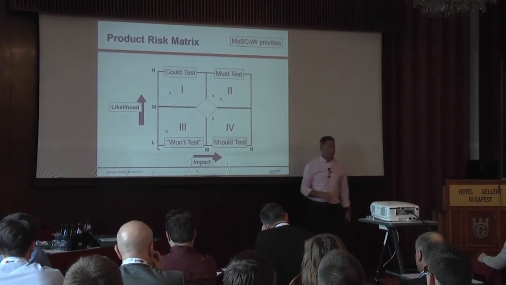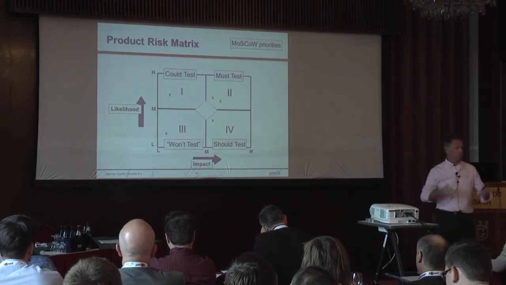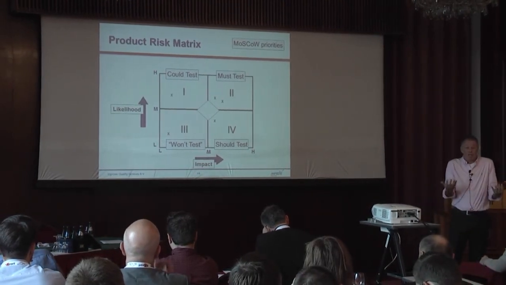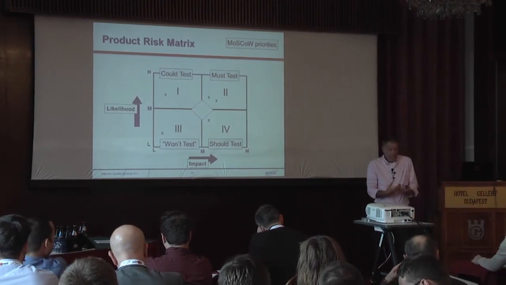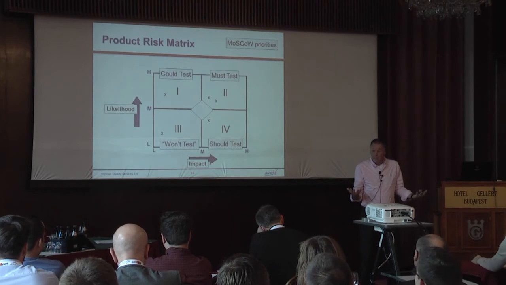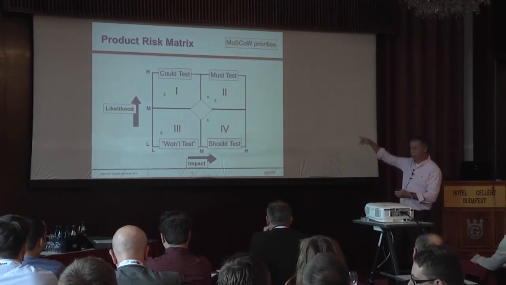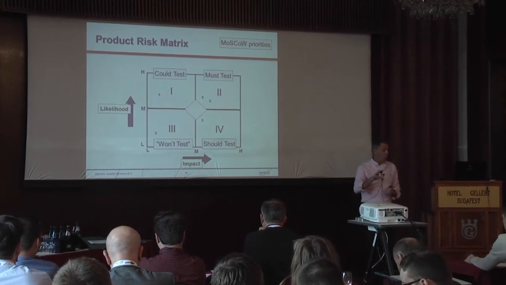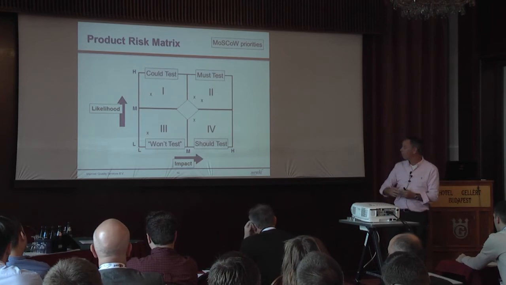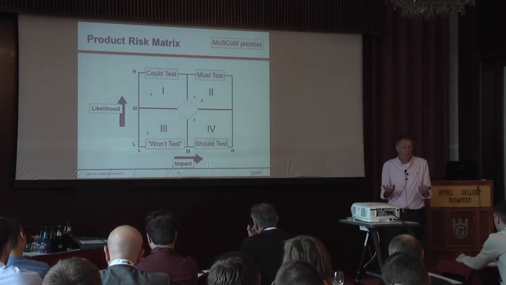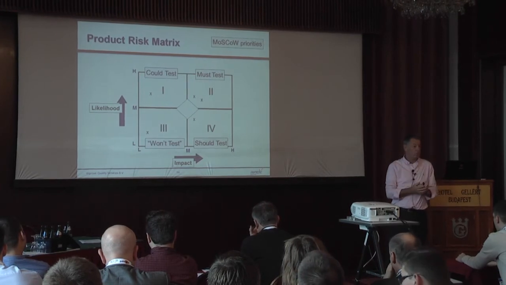But what you see is 4 squares. Impact, likelihood. And I've put it very simple in the range from low, medium, high. So you will have risk items, requirements, user stories, that will be high impact and high likelihood. So they'll end up in square 2. Very important. I want to focus my testing there. You will have squares or items that have high likelihood, but less important.